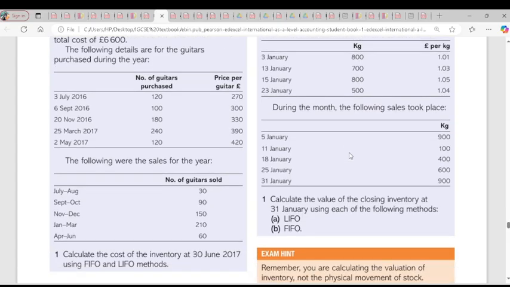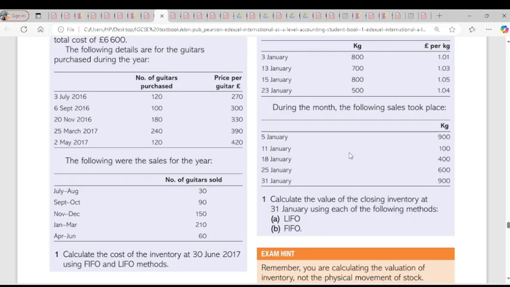Now the value for April is 60. 193 minus 60, we have 133. You know, you are taking the inventories, you are reducing them. 133 multiplied by 390 is 51,870.